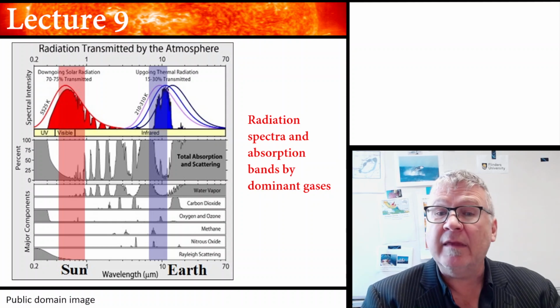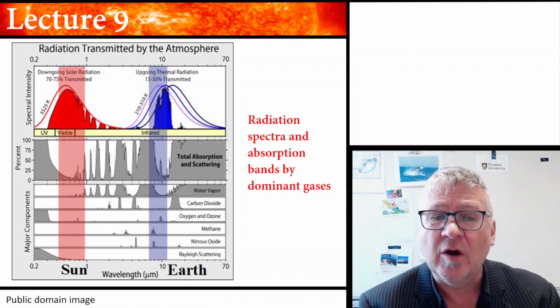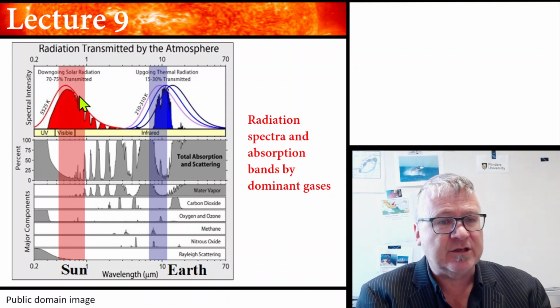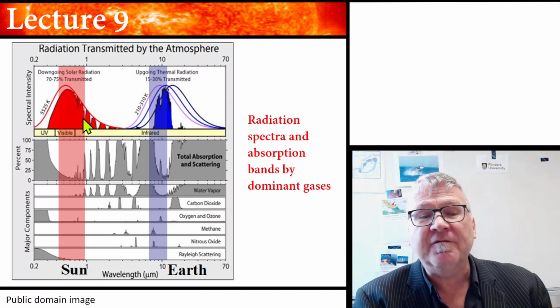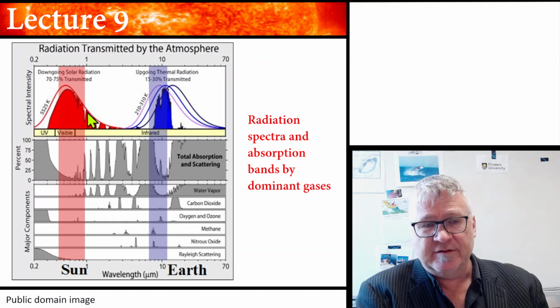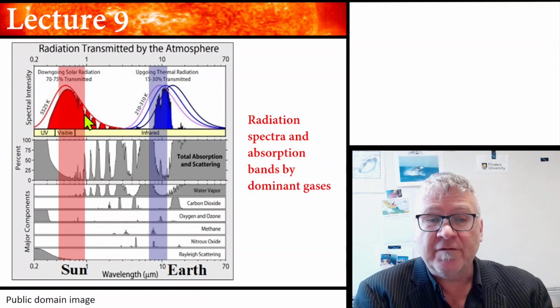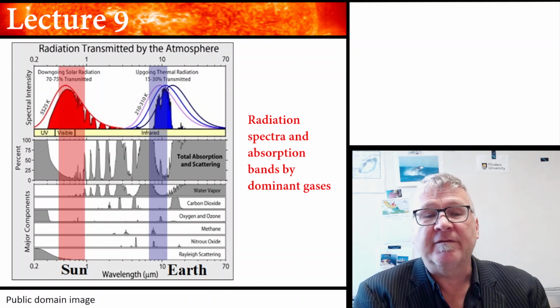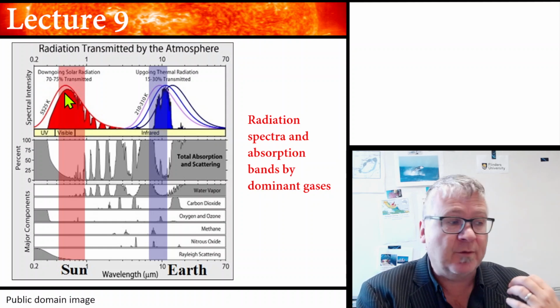And then you can look at what actually arrives at the surface of Earth in terms of solar radiation. You can see that between 70 and 75% actually ends up at the surface, so there is a loss of 25 to 30% due to absorption.